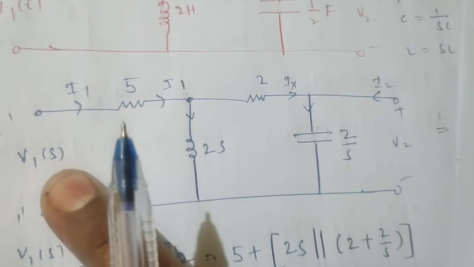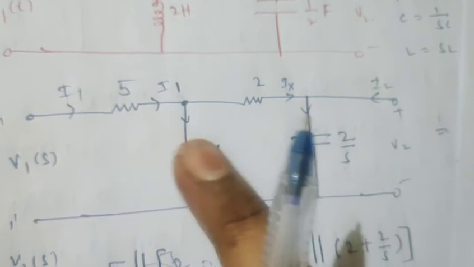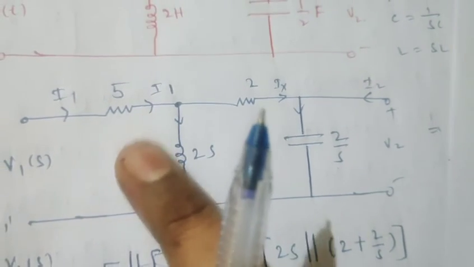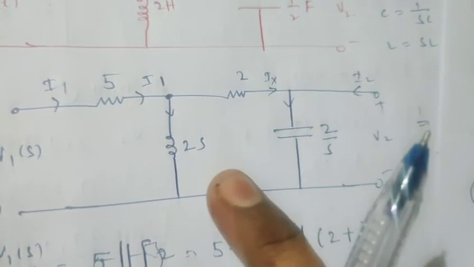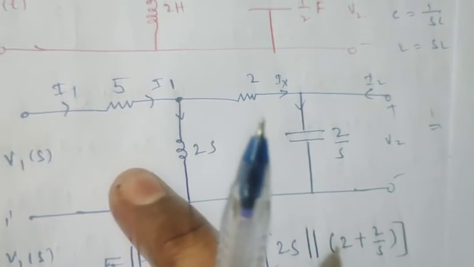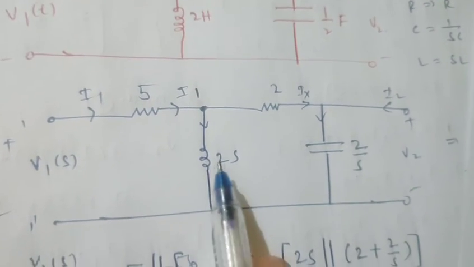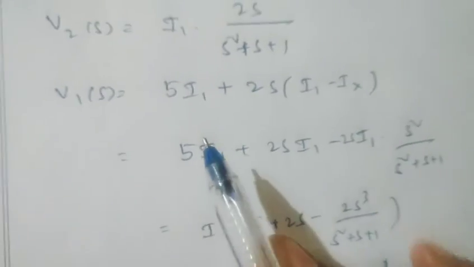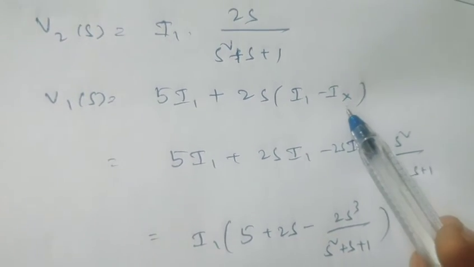V1 of S is equal to 5 into I1 plus 2S into I1. This is mesh 1 loop, where I1 is the loop current and Ix is the exit current. So V1 is equal to 5 into I1 plus 2S into I1 minus Ix.